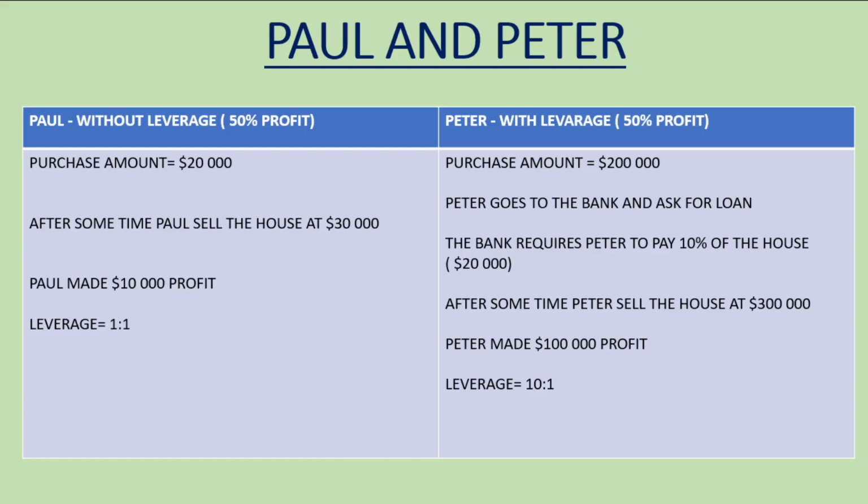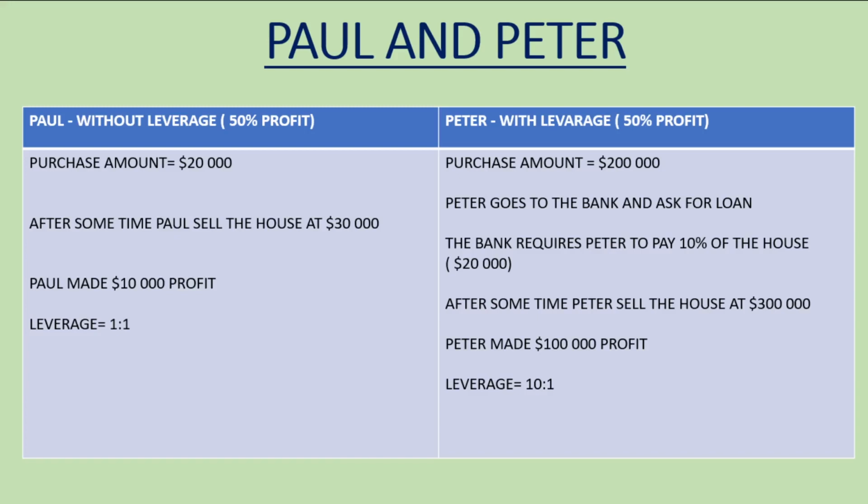Then Peter sells the property. This means that Peter made $100,000 from his initial investment. That is the power of leverage. What is the leverage there? 1:10 or 10:1. Whatever dollar Peter puts in, he gets 10 times.